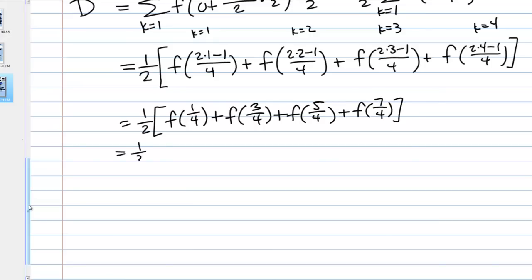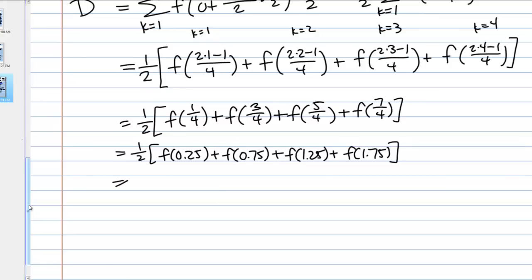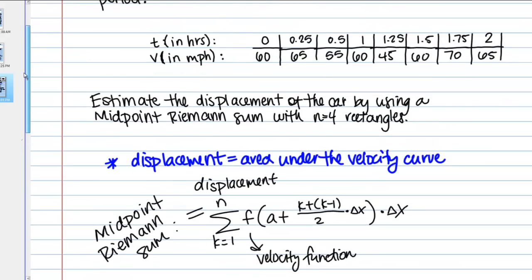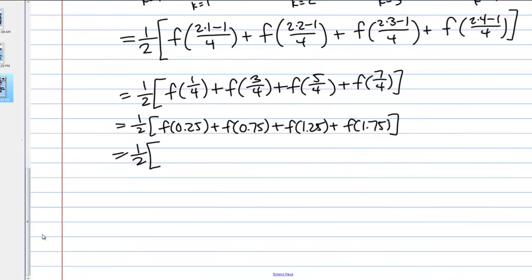Okay, now as decimals, that's f of 0.25 plus f of 0.75 plus f of 1.25 plus f of 1.75. And now, to finish this out, I just need to read off those values from my table. So remember, in our case, this f is our velocity function. So f of 0.25 is 65.